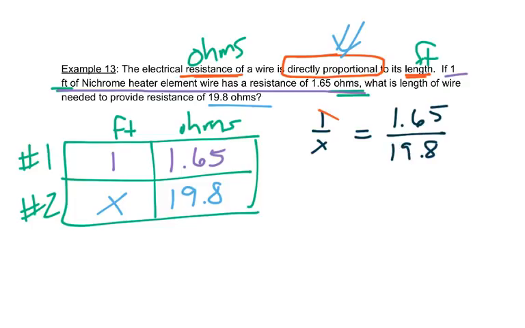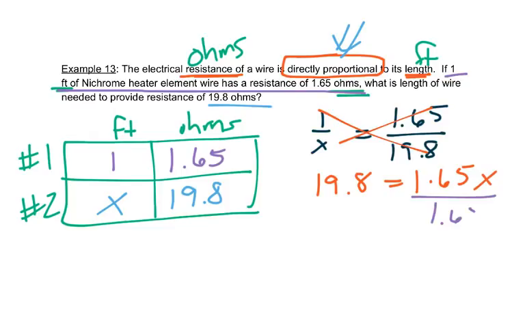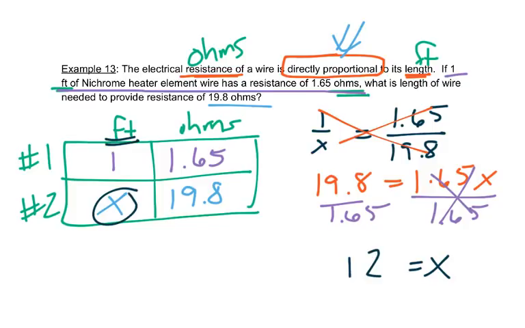And then we can solve. 1 times 19.8 equals 1.65x. We'll divide by that 1.65 that's in front of the x. So 19.8 divided by 1.65 gives us 12. Now the 12 is underneath the feet column, so our unit is feet.